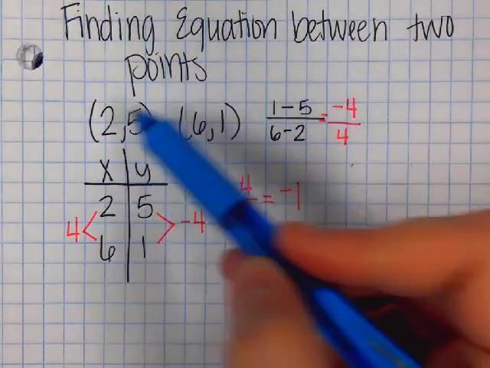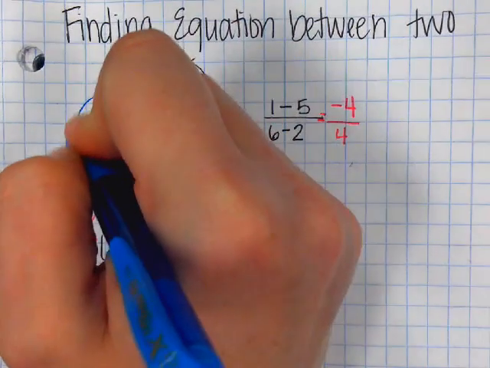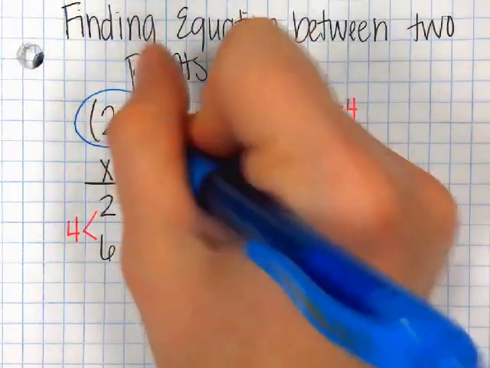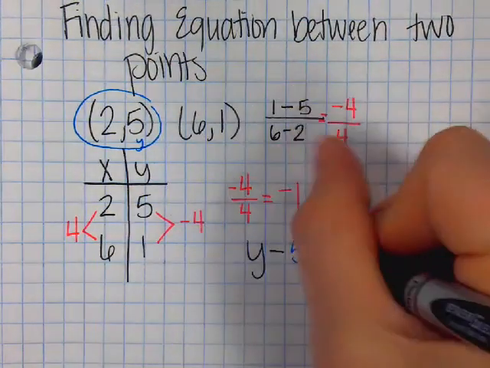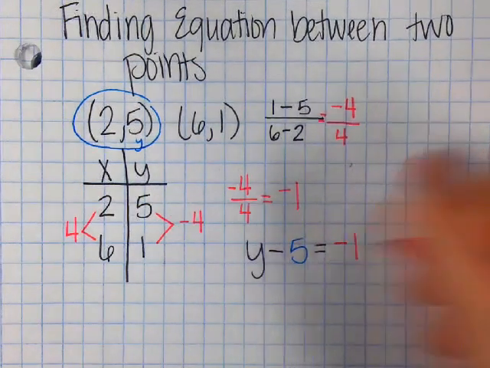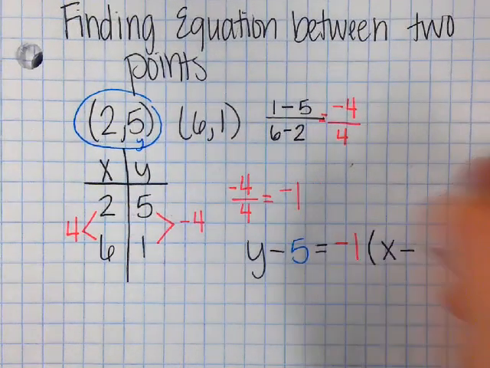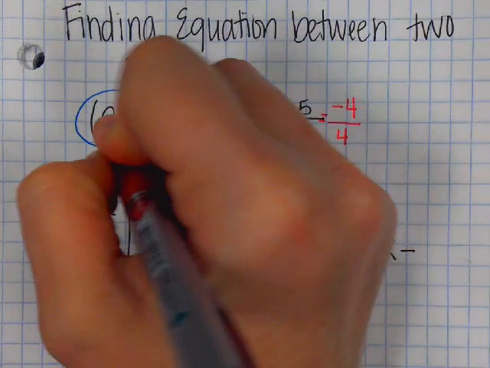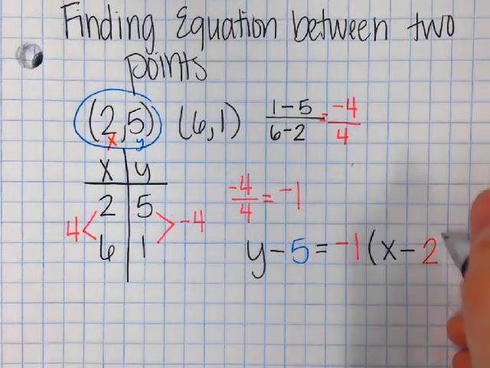Now for your y coordinate, it doesn't matter which point you use because you're going to end up getting the same thing, but I'm going to always use the first point. So it's going to be y minus the y coordinate, which is 5, equals the slope, which is negative 1, parentheses, x minus the x coordinate, which is 2. So minus 2.